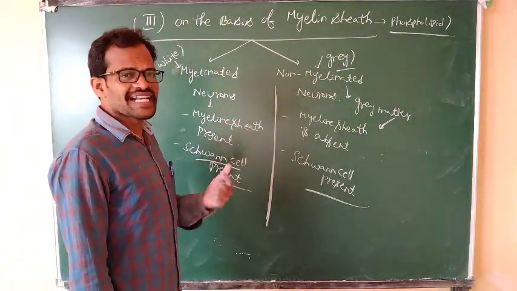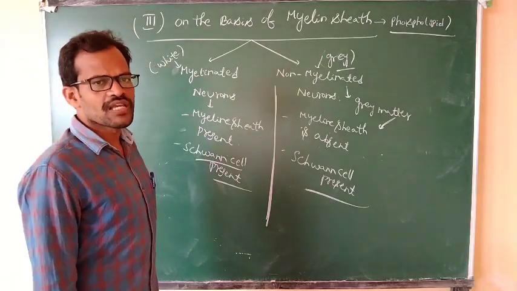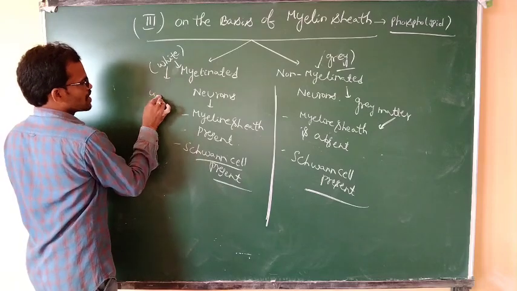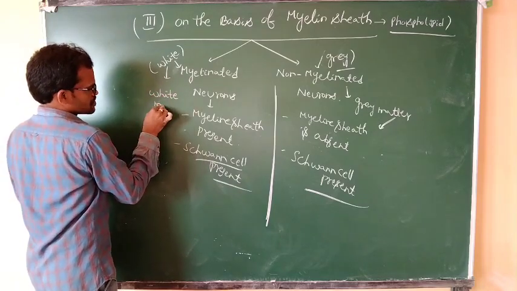We are discussing what is the grey matter and what is the white matter when we discuss the brain. Myelinated neurons are present in the white matter.